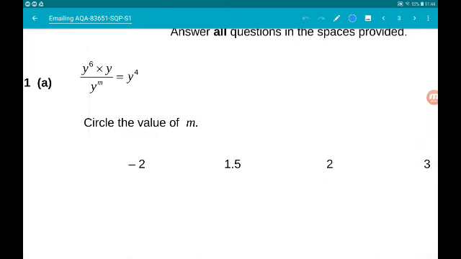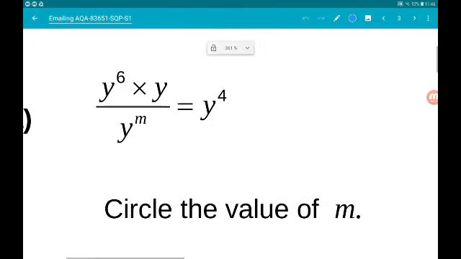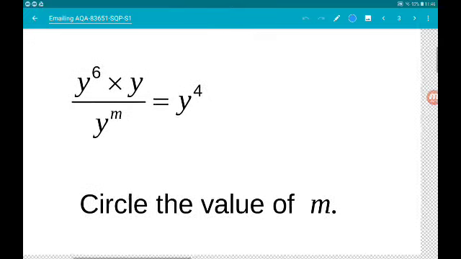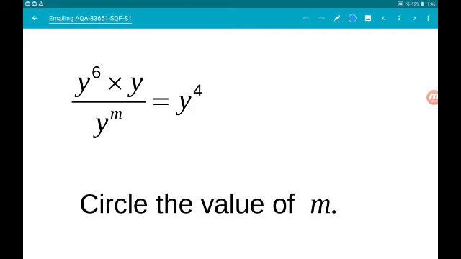Okay, 1a. y to the 6 times y over y to the m is y to the 4. We want to calculate the value of m. If we simplify what we have up on top, y to the 6 times y is y to the 7.